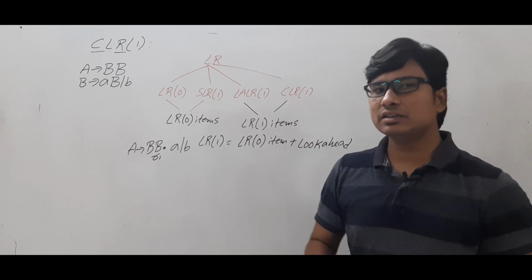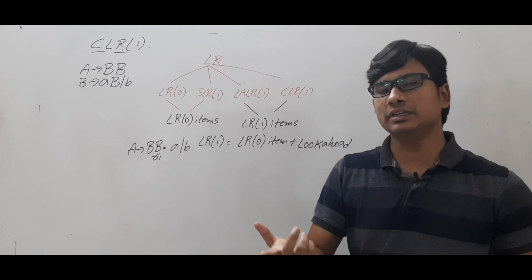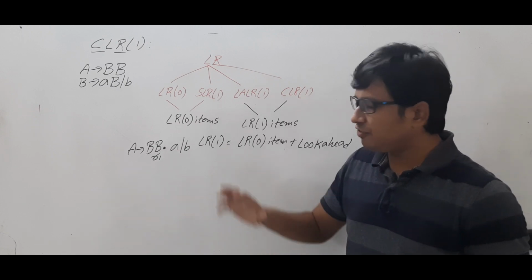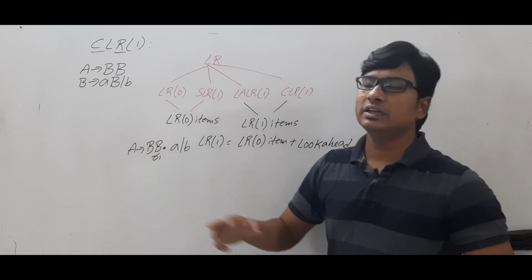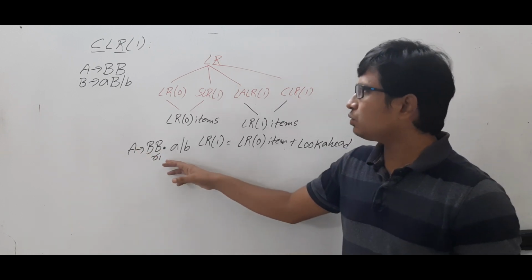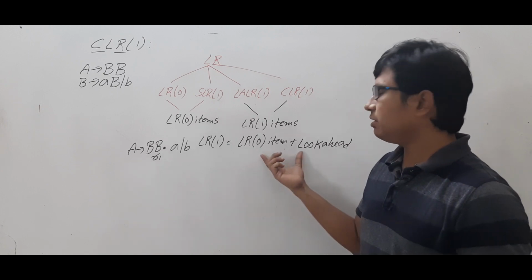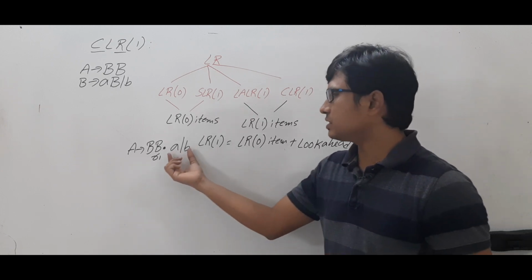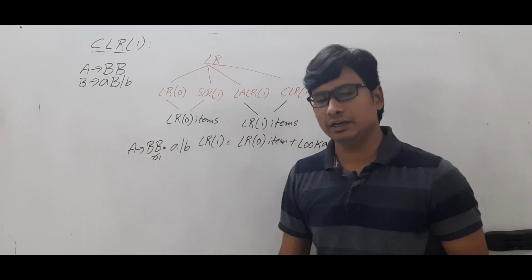If it was the LR0 parsing table, I would have written it in all the terminals of the action part. If it is SLR1, I would have computed the follow of A and written it there. But for CLR1 and LALR1, because they depend on the LR1 items, the lookaheads will tell you where to write the reduced move.